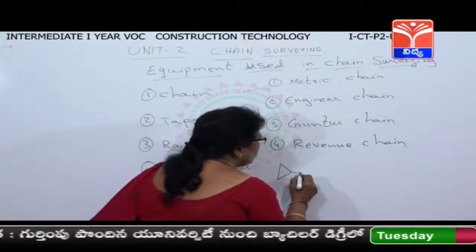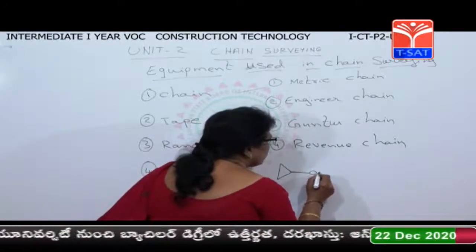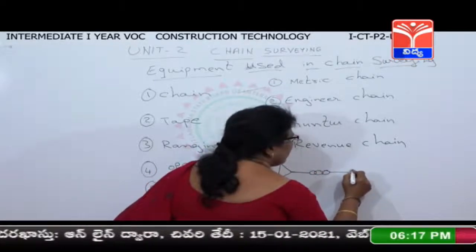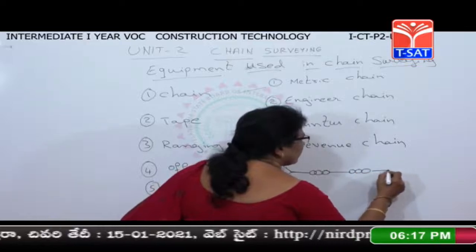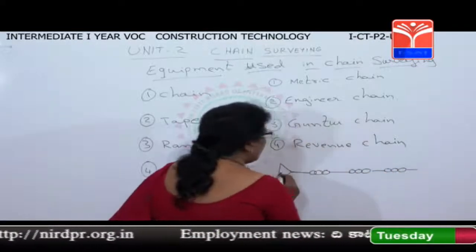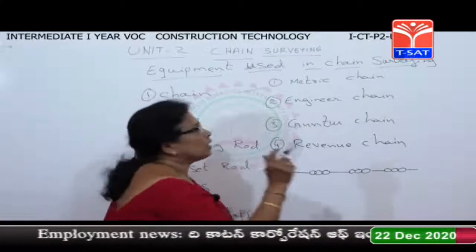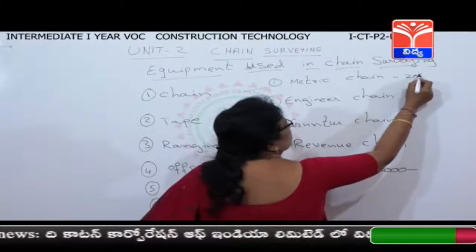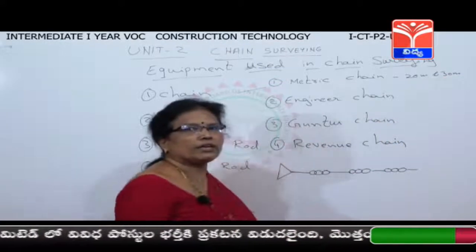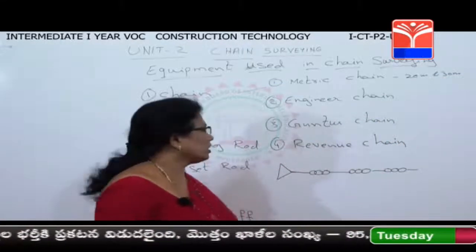Now this is the diagram of the chain, how it looks. I have shown you the chain. So again I will show you the instrument. Meanwhile you look at the drawing. This is the chain. It is available in 2 lengths, 20 meters and 30 meters.